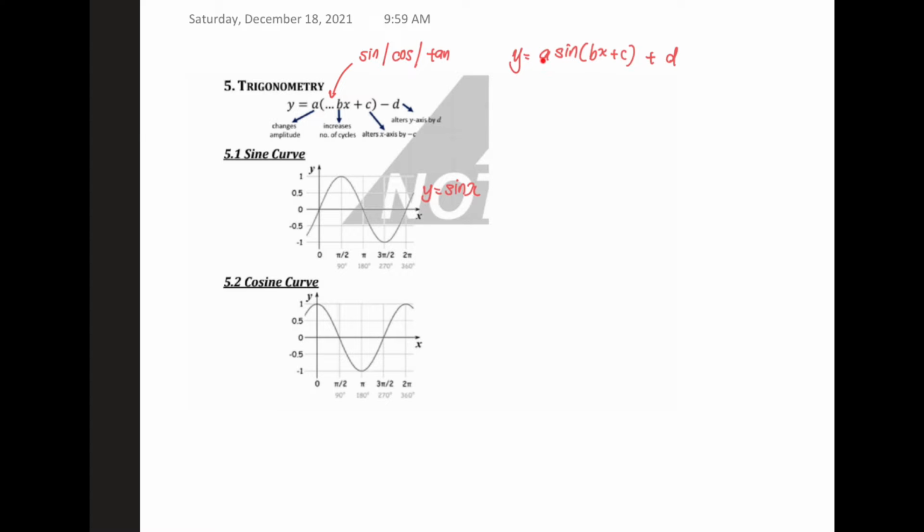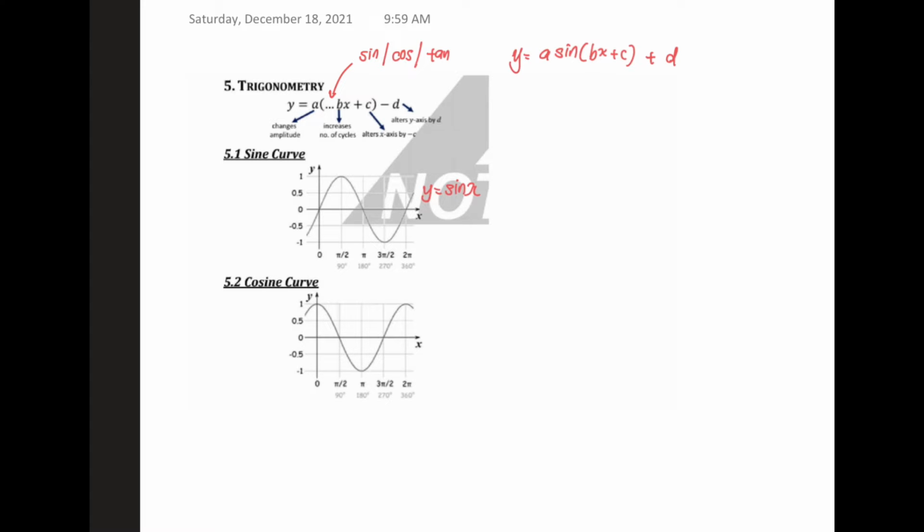So basically it affects the amplitude. Amplitude is here to here. So if this is 2, then the graph will go all the way to 2. So the mountain will be taller, and here the valley will go down more until -2. So that is the effect of the amplitude.